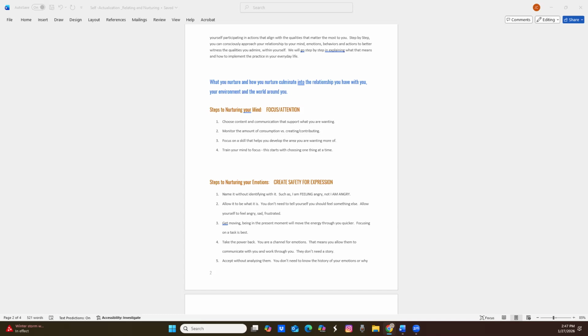The next step is take your power back. Not every emotion needs to be analyzed. So don't get stuck in the trap of wondering if this emotion was triggered because when you were 3 years old, you were told no. It's not relevant. Your emotion is right here in this present moment expressing itself through you.